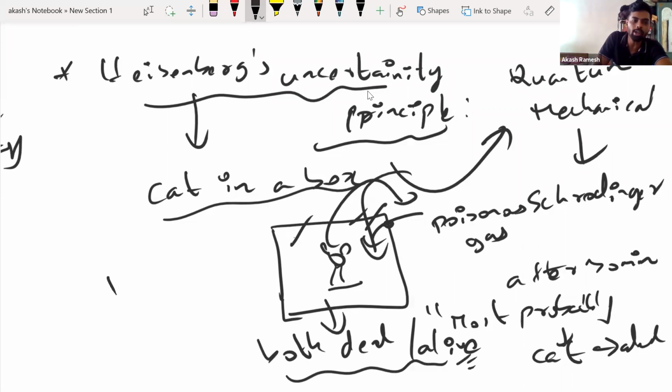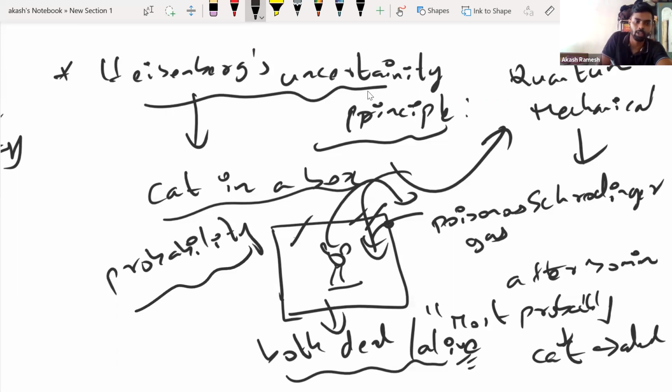All you can talk about is probability. You cannot tell anything for sure until you open the box and see. It's not dead or alive, it's both dead and alive. That means it has both the possibility of being dead and the possibility of being alive.